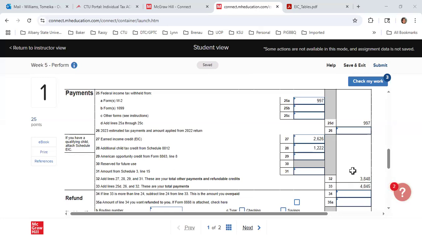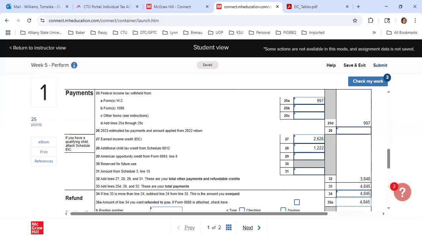Well, we really don't have anything on line 24. So we're going to basically bring down 4,845. That would be the refund or the amount overpaid. And we're also going to place that same amount on line 35A.